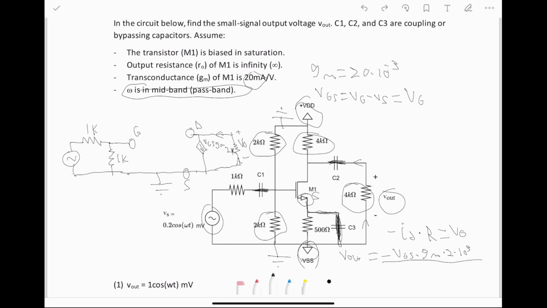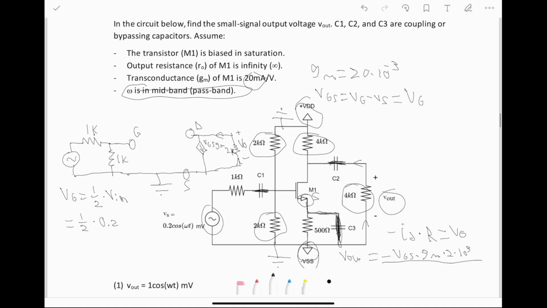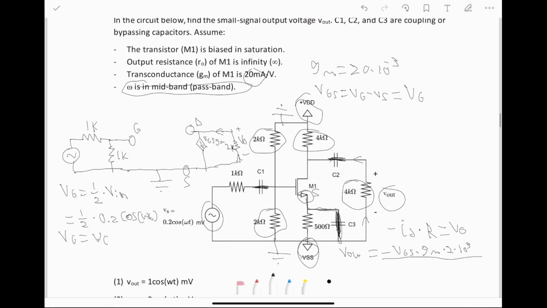And that's, of course, just going to be 1/2 times whatever our Vin is. In this case, Vin is equal to 0.2 cosine omega t, which means that Vg, which is equal to VGS, is equal to 0.1 cosine omega t.